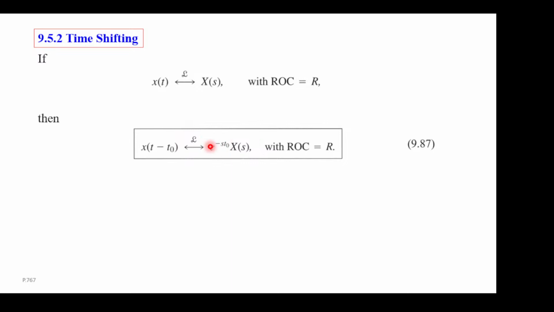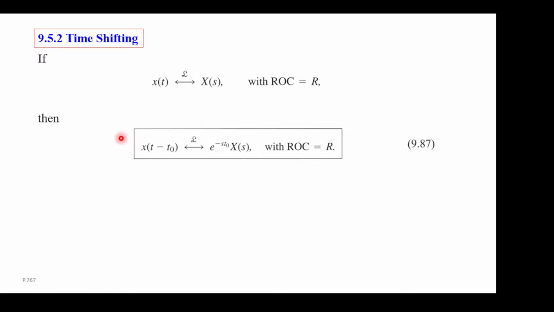So you get e to the minus s t naught here. And the ROC here doesn't change. So that's very nice, because at any point, whether it converges or not, you are just multiplying by a number. So the convergence doesn't really change, and the ROC doesn't move around.